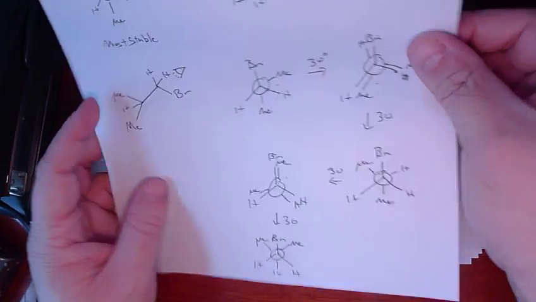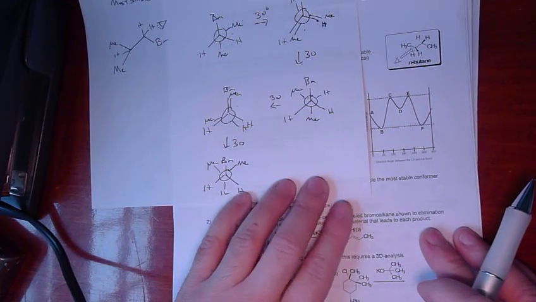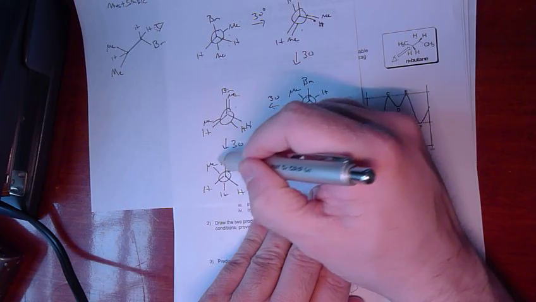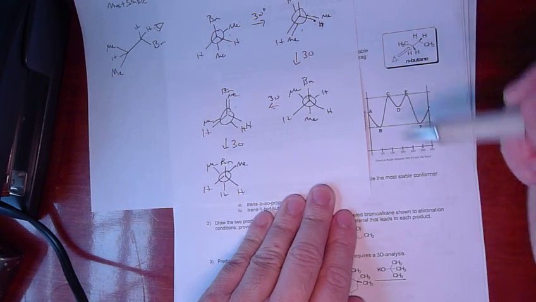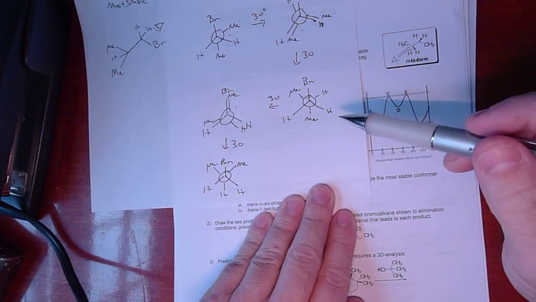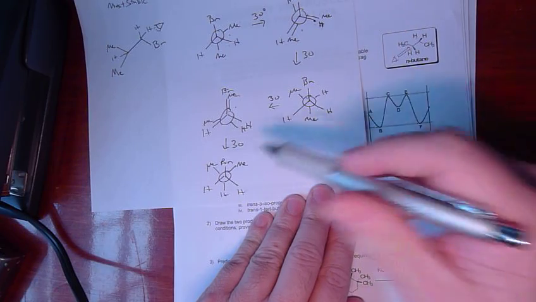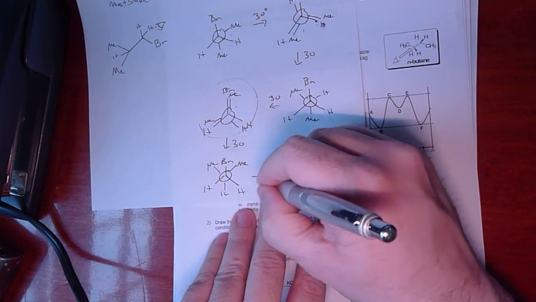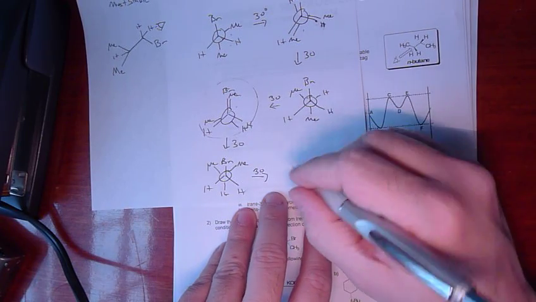Alright, so then we go back. So those are all the important conformations we need to think about. And then if we were to rotate this another 30 degrees, we'd have another one of these bromide methyl eclipsing interactions. So we can identify the highest energy interactions. So that would be this. And then if you rotate this another 30 degrees, you get this.